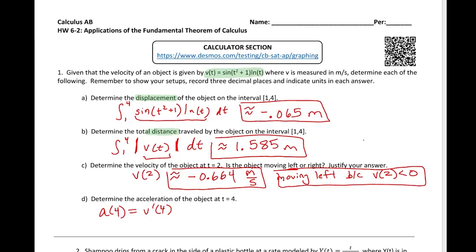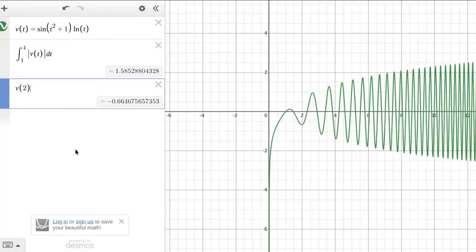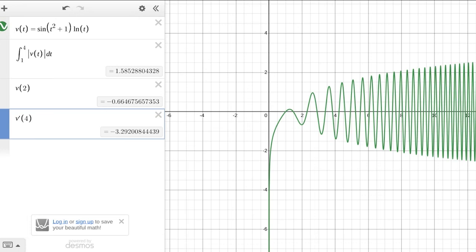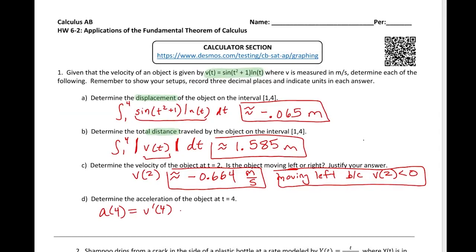So I'm going to go back to Desmos here, and then just simply type in v prime, or v apostrophe, of 4. And it should just give you the answer right away. And so, yeah, we get negative 3.292 meters per second squared. Okay, and that takes care of number 1. Let's move on to number 2.